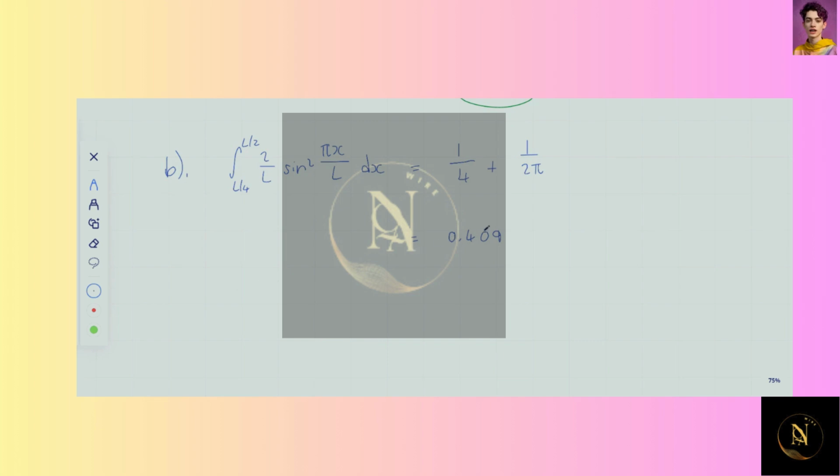That's the probability of the particle being between L over 4 and L over 2.